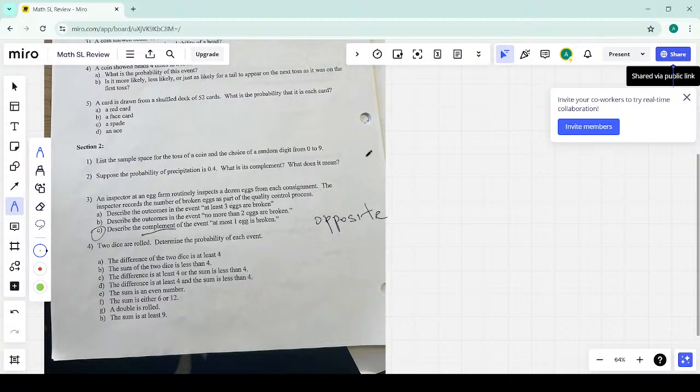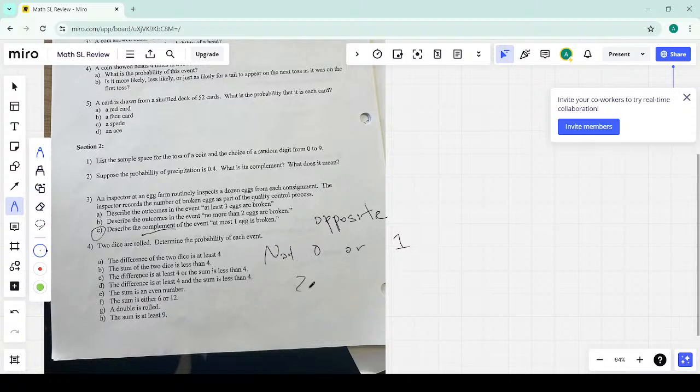So the complement always means the opposite. So in this case, the complement of the event, at most one egg is broken. At most one egg is broken means that there's either 0 eggs broken or 1 egg that is broken. So the complement of this would be not 0 or 1.